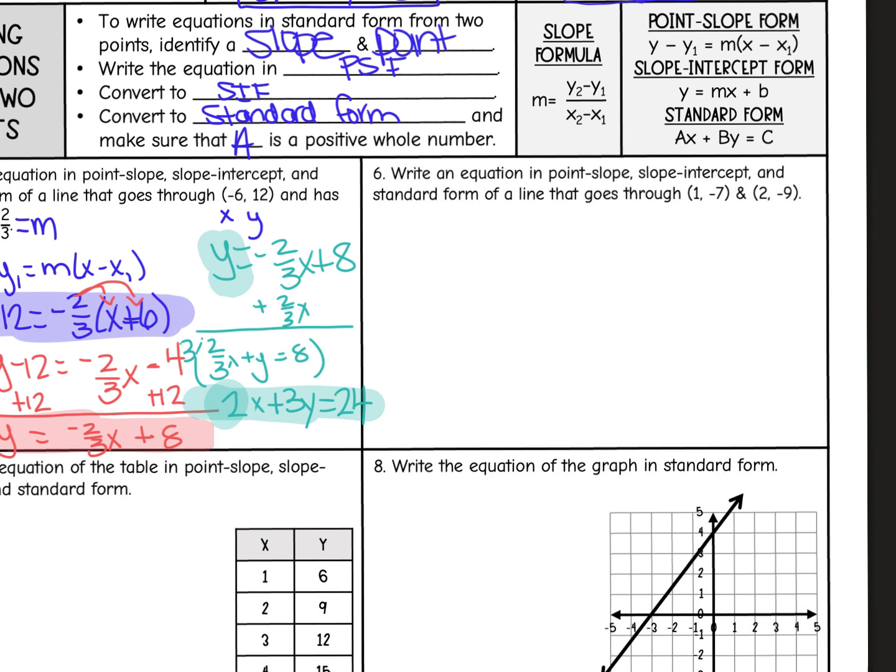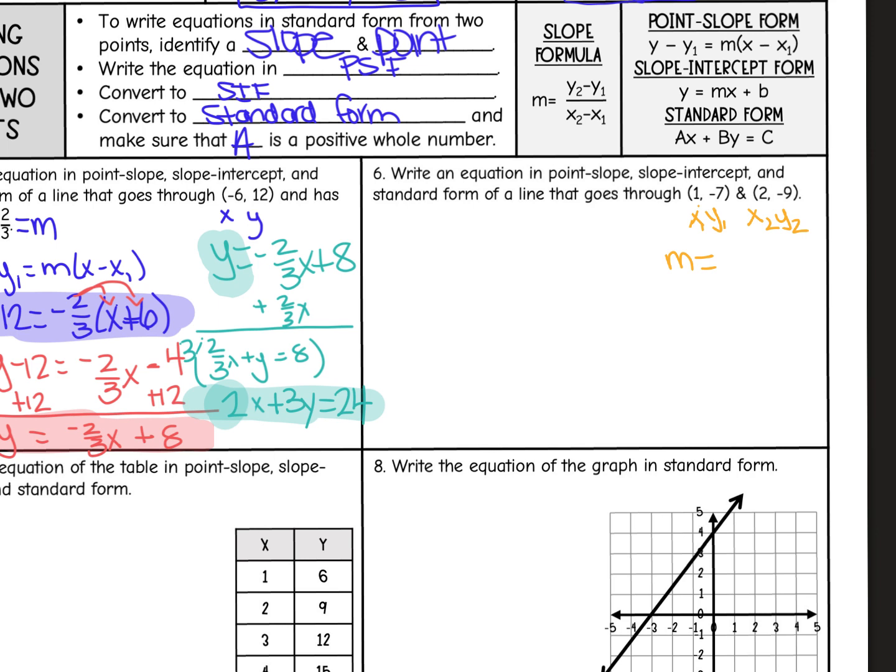So I am going to first label my x1, y1, x2, y2. And the first thing I want to do is I'm going to find my slope. Okay, so I'm going to plug it into my slope formula.